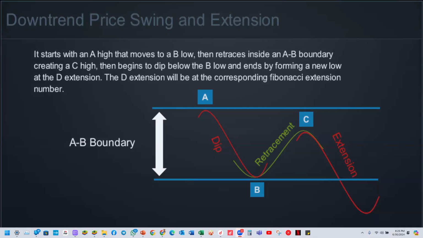But when the market is going down, the market will form what we call lower highs and lower lows. So why do we say it's a lower high? This C is a high, this A is a high, but the high C is lower than the high A. So this high C is called a lower high. And this low B is higher than this low. So this low, where the market is extending to, is called a lower low.